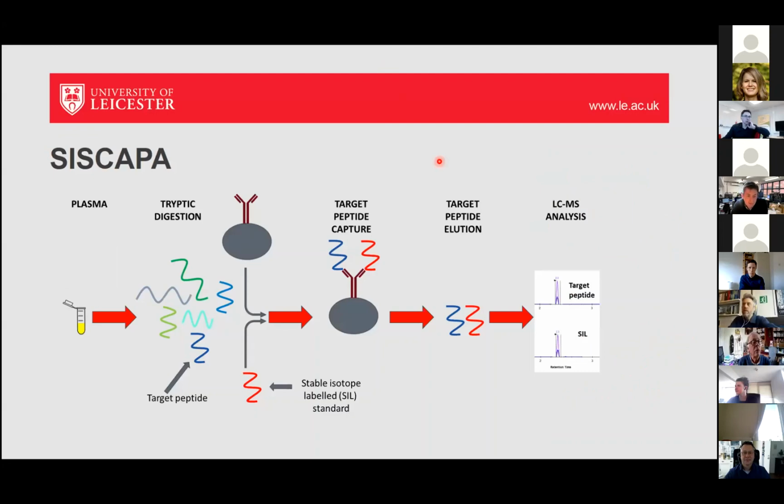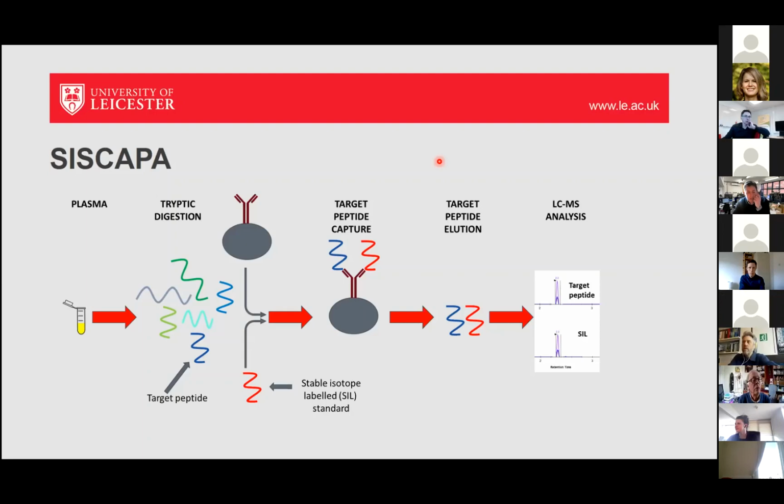The turning point for me in this project was SISCAPA technology. For those unfamiliar with SISCAPA, it's quite smart. You take your sample, you tryptically digest it, and SISCAPA raise antibodies to target tryptic peptides. So when you have your sample, you then add your antibody that will target that peptide.